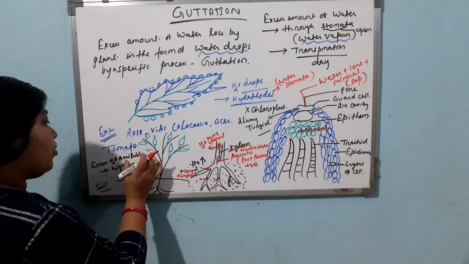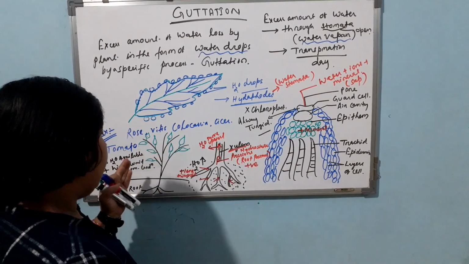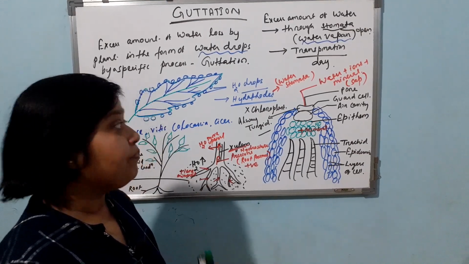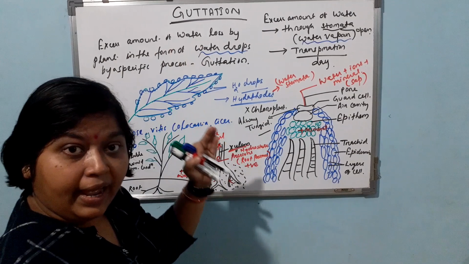When excess water is available and there is a high humid atmospheric condition, the guttation rate will be high.